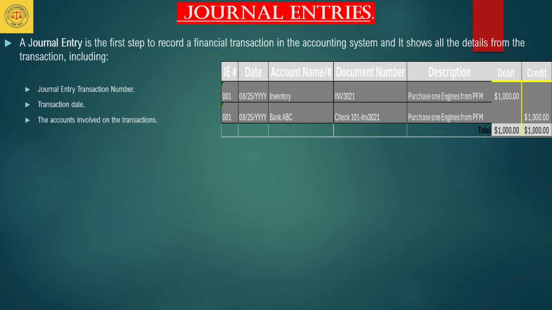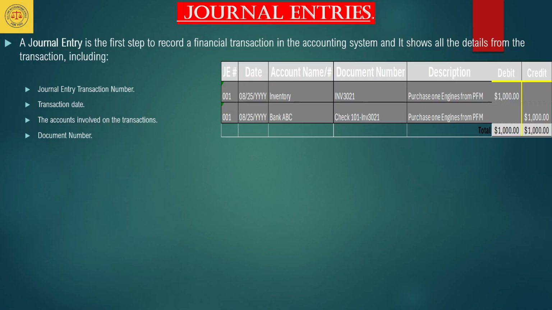So let's say this time we had an invoice or source document that we buy inventory, and at the same time we pay for that inventory. So that's the transaction that you know already that you have to use two accounts. So that's why I use the inventory and bank account.